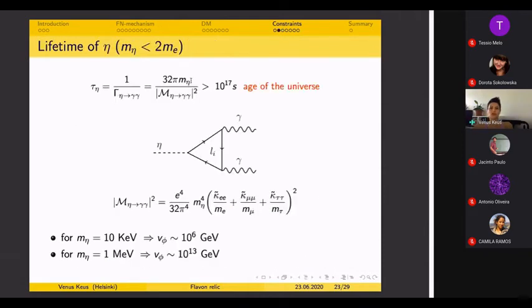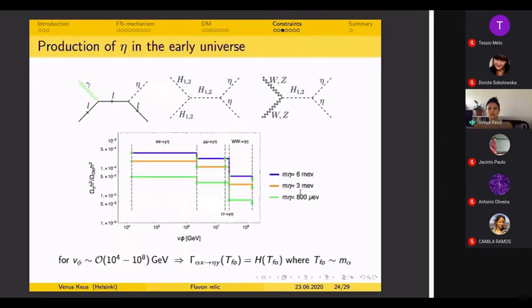So it's not just the mass of eta that you see explicitly here. There's also the mass to the power of 4, which shows that the lifetime of this particle is inversely proportional to the mass. So if I change the mass of my dark matter, the abundance of my dark matter changes as well, due to the fact that this is a decaying dark matter, right?